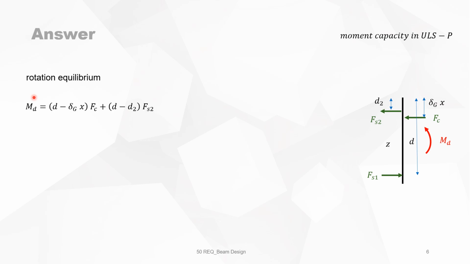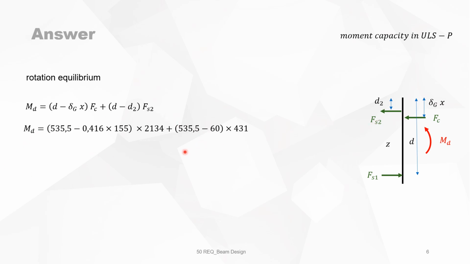Then we go to the rotation equilibrium. The rotation equilibrium around the tensile reinforcement is equal to the compressive force in the concrete times delta g x, which is this distance, z in fact, plus the contribution of the compressive reinforcement, which is d minus d2, so d minus d2 times Fs2.